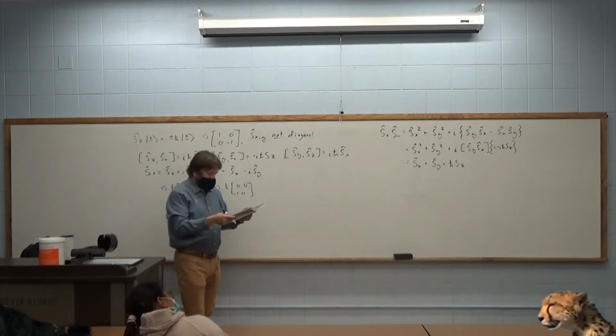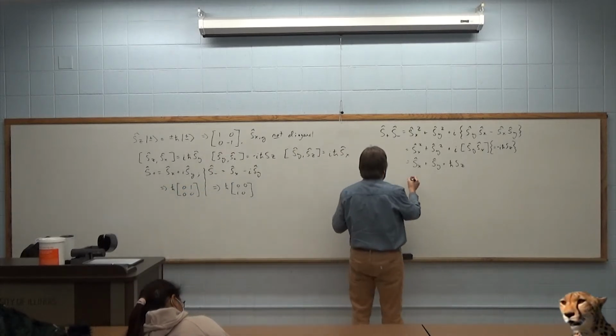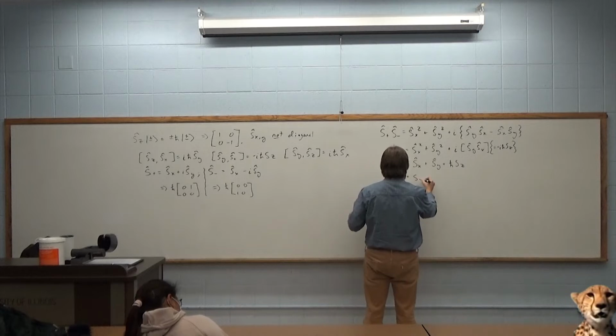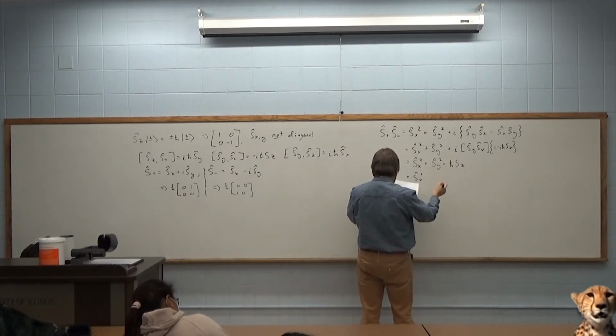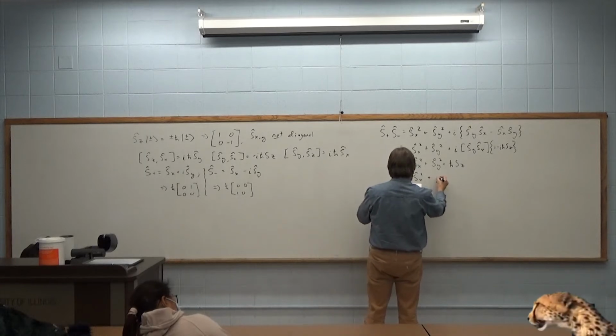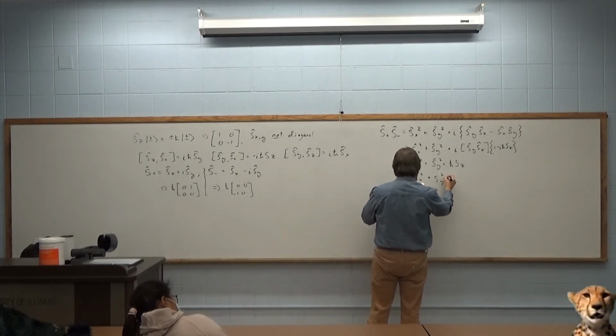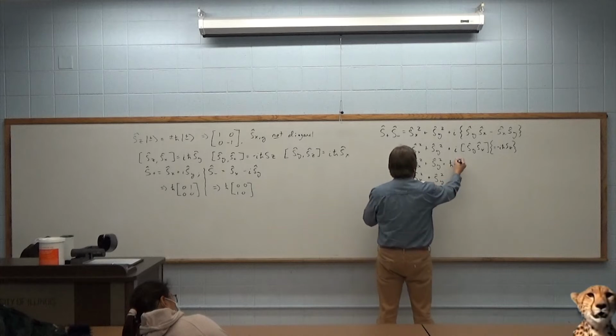Okay, now here's a trick. Watch this. S squared, terribly important because it needs to look like a vector. The correct way to add vectors is to add their squares. And everything's an operator.